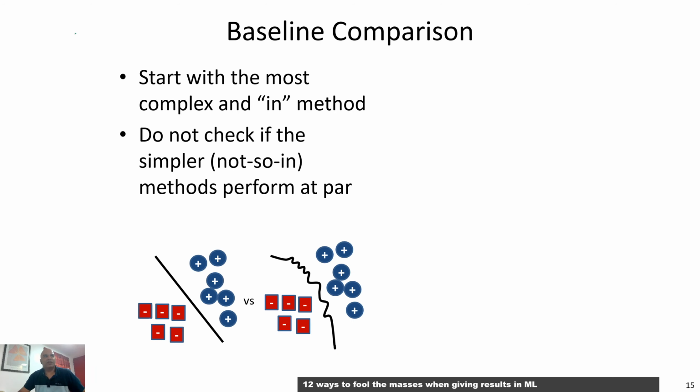Most people, for example, if I'm developing a machine learning model, will just try to incorporate the latest and greatest machine learning model out there, let's say the deepest of the neural networks, and see what performance statistics it gives without comparing it to a simple model.